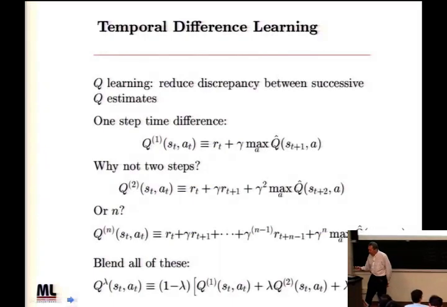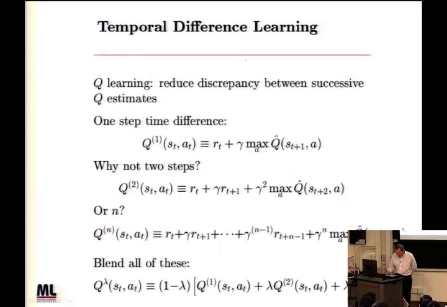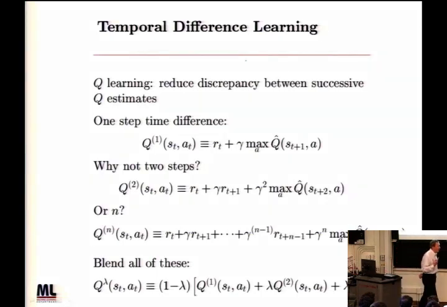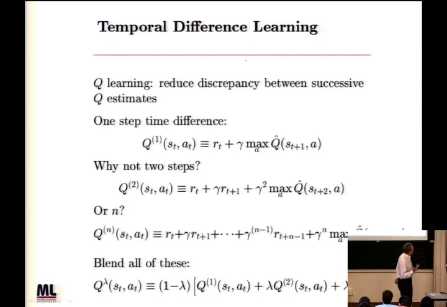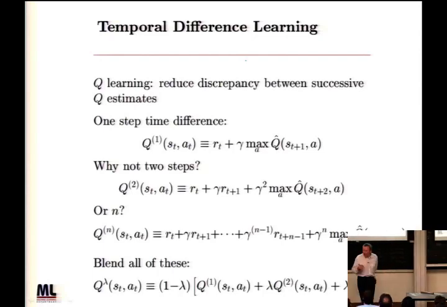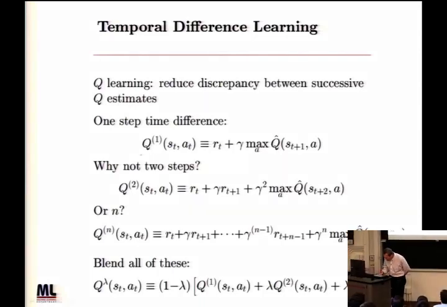So temporal difference learning is that idea. And in fact, something called TD lambda is exactly that idea. And the idea is this. So here's the training rule that we used before.